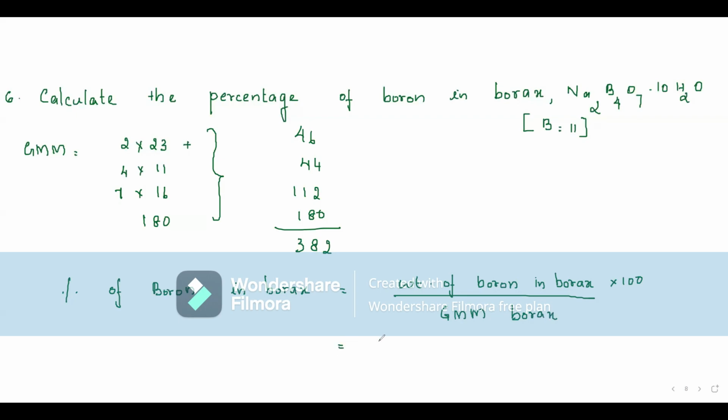What is the weight of boron? 44. 4 into 11. 44 into 100 by 382 is equal to 11.518% is the exact answer, 11.518%.